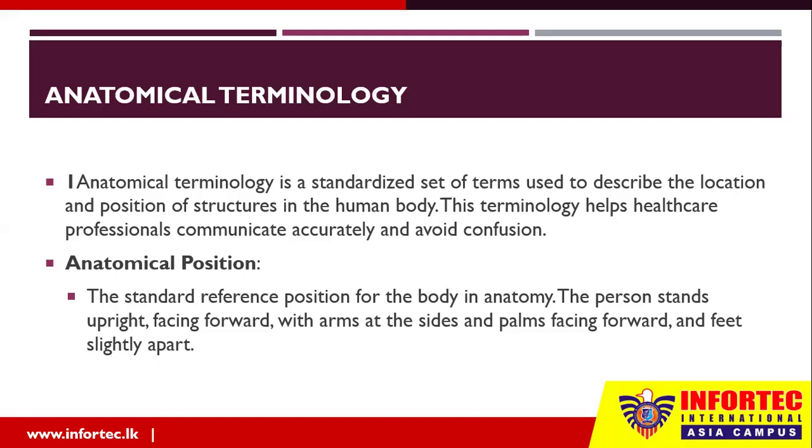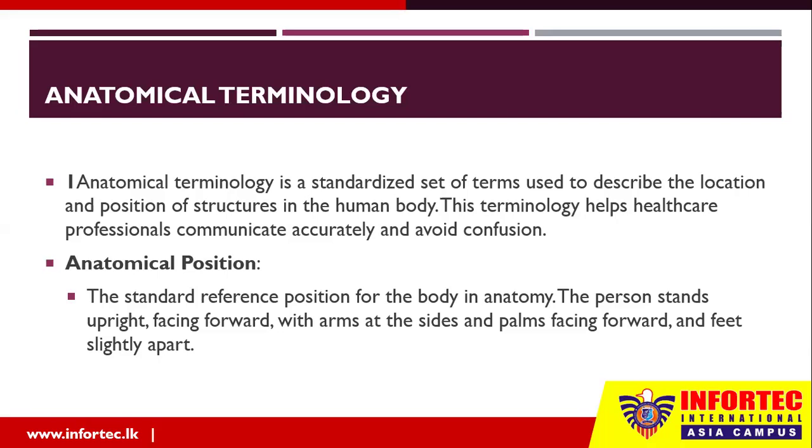So first, we are referring to the anatomical position. What is this? This refers to the position of the body in anatomy, right? It means the person stands upright, facing forward, with arms at the sides and palms facing forward and feet slightly apart.